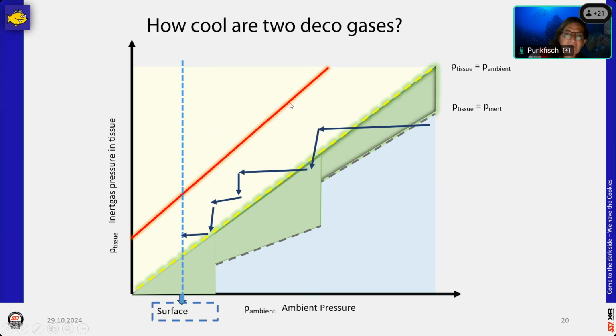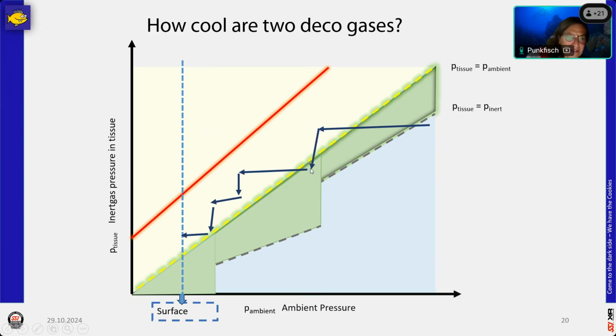We did not come even close to the M line, but we change the inert gas gradient because we change our breathing gas.